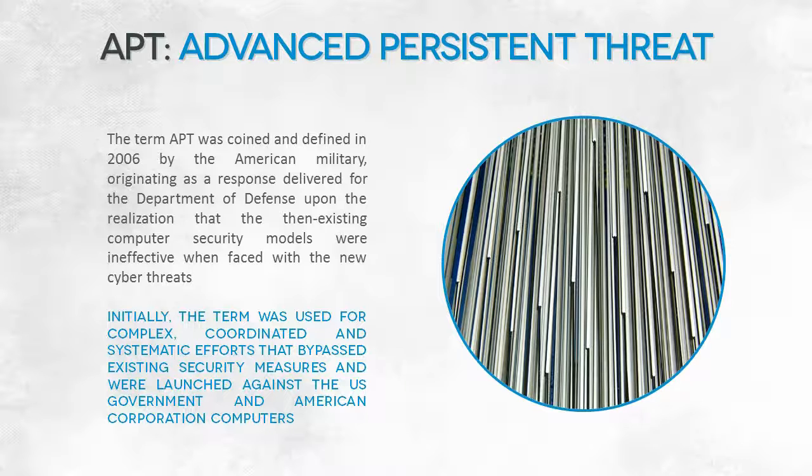APT was coined and defined in 2006 by the US Army, when the military began to realize that existing computer security models were ineffective. Funds on fighting launched attacks were irrationally high compared to the results. Something had to be changed.